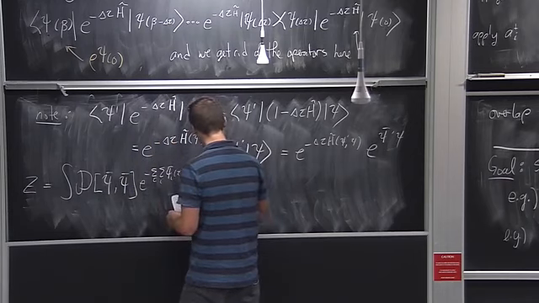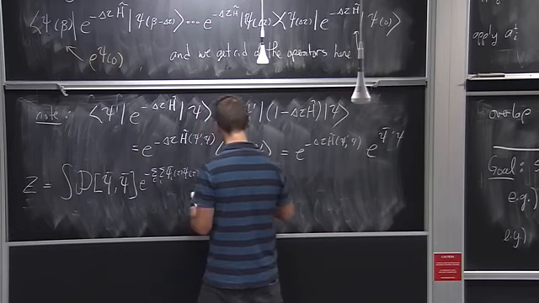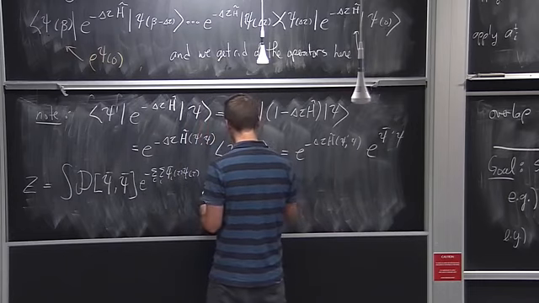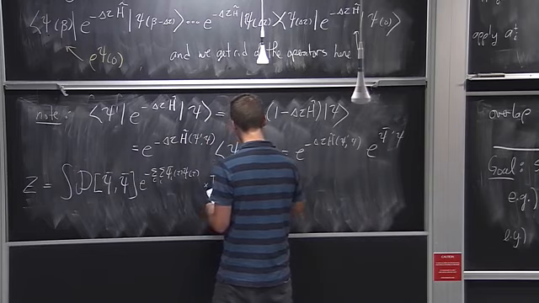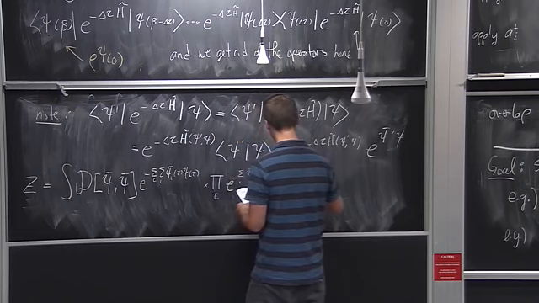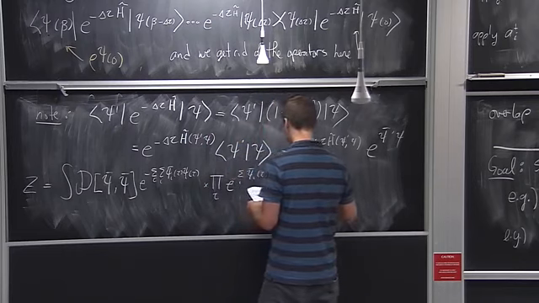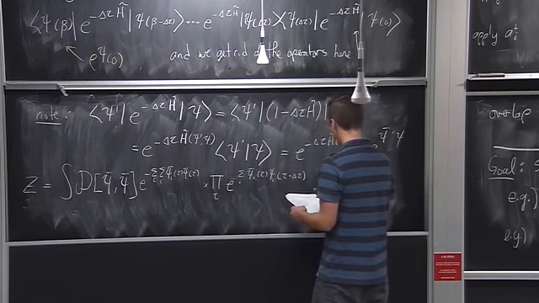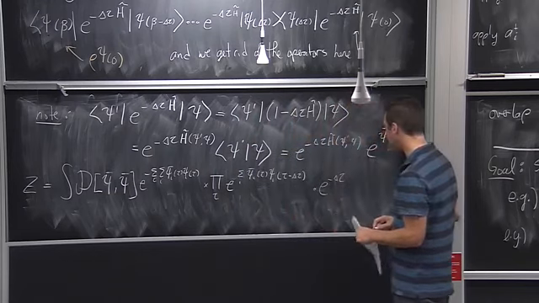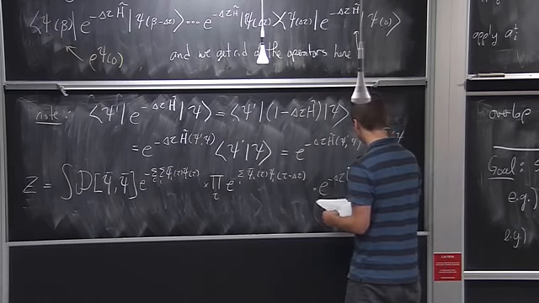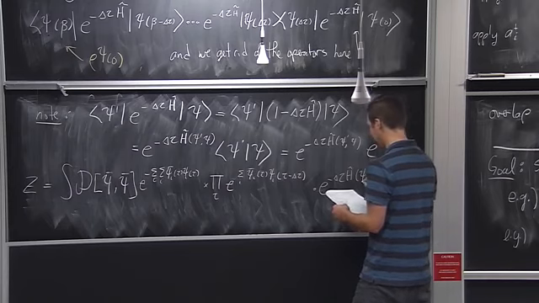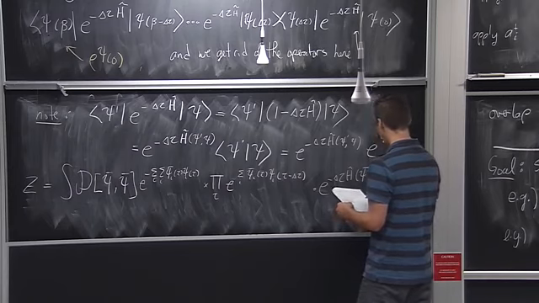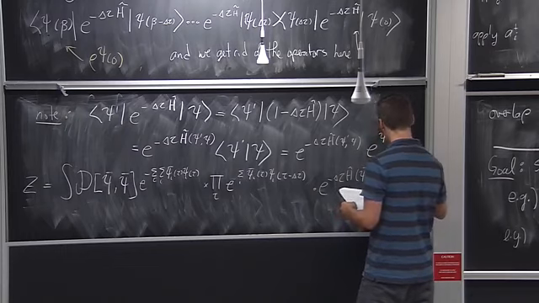Right, I have products of tau that come from the overlap. That's right. And then I have the matrix element of e to the minus delta tau times the Hamiltonian evaluated at, so psi bar is at time tau, like usual, but psi is at time tau minus delta tau.